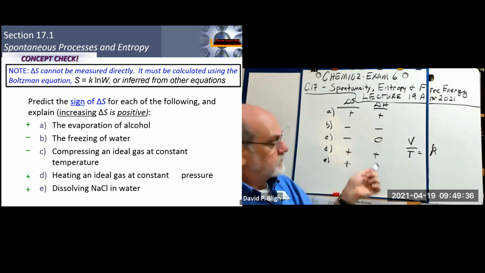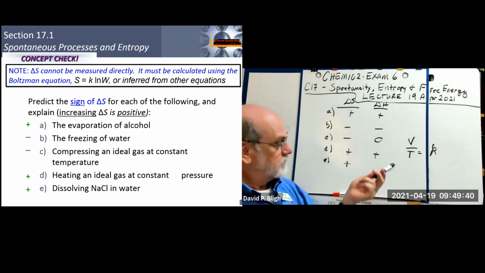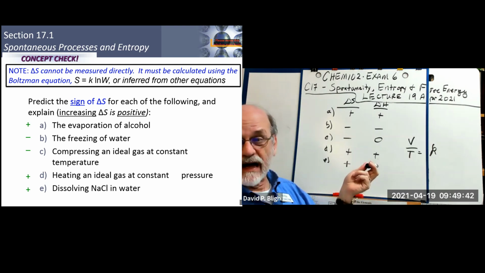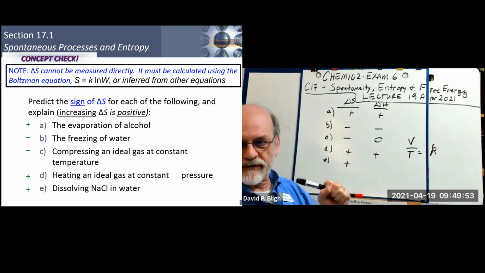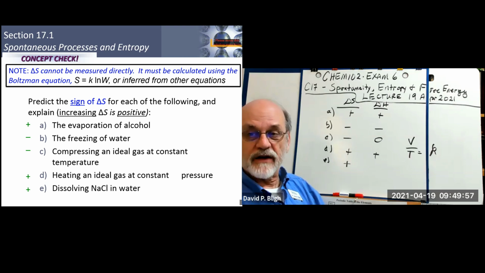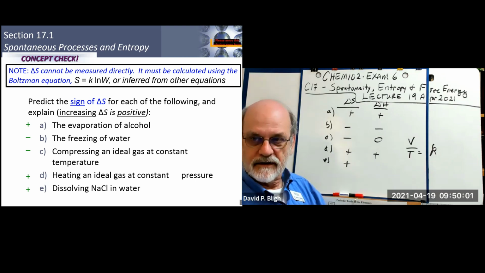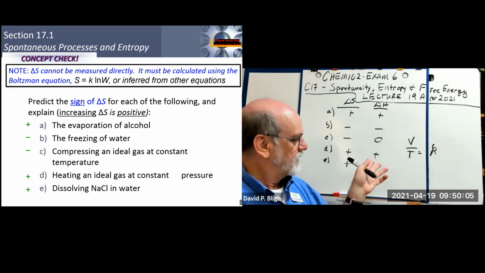What about this one? Well, you do have to add energy to break the bonds of sodium chloride, and you have to add energy to the water to make a hole. Remember, we talked about the solutions, how you make a solution. You break the bonds of the solute, and you break some bonds for the solvent, and then you reform the bonds when the solution is made.